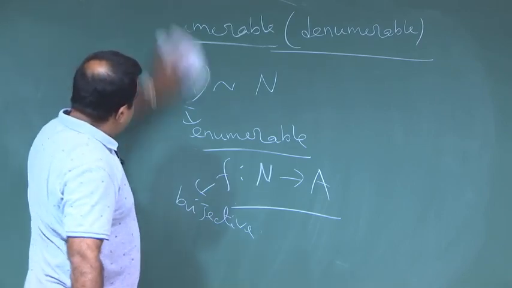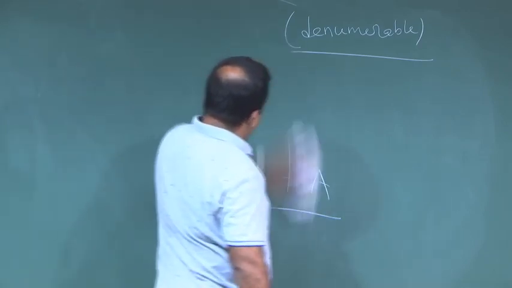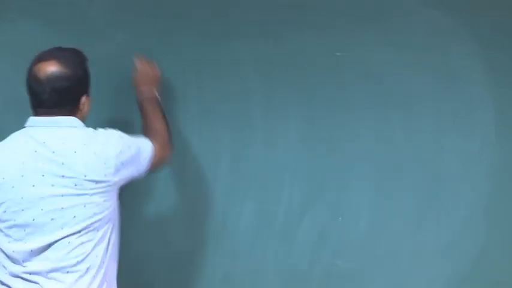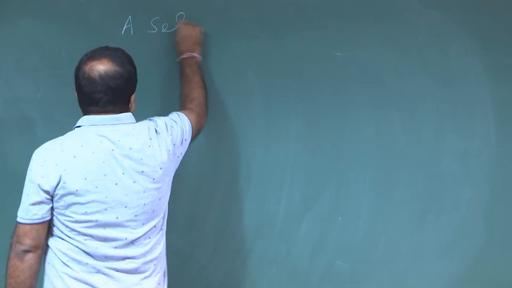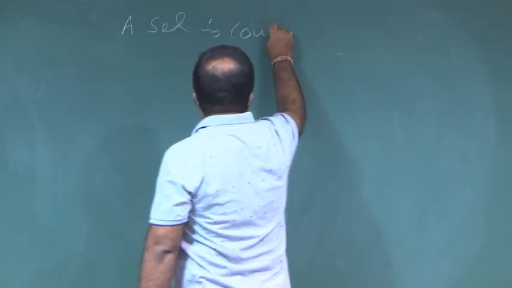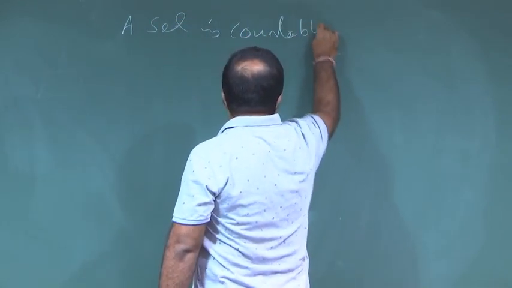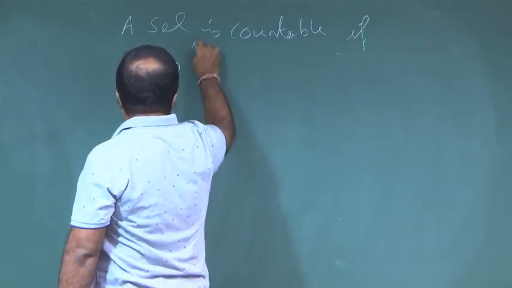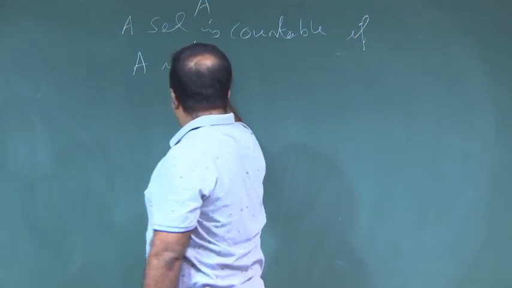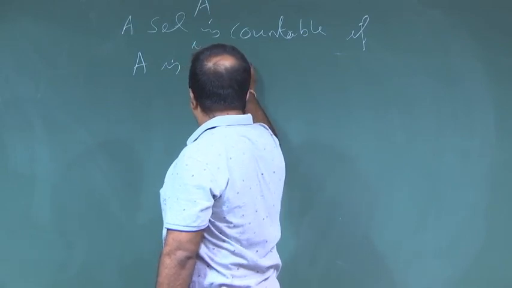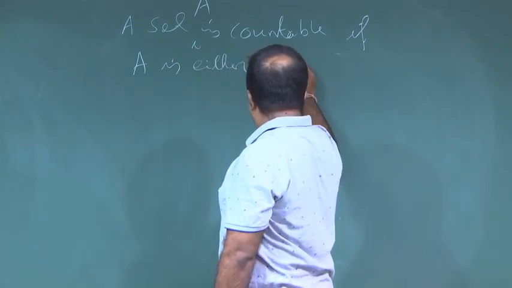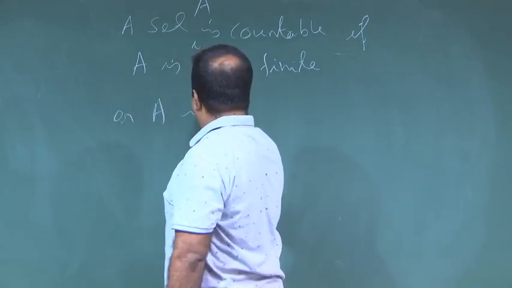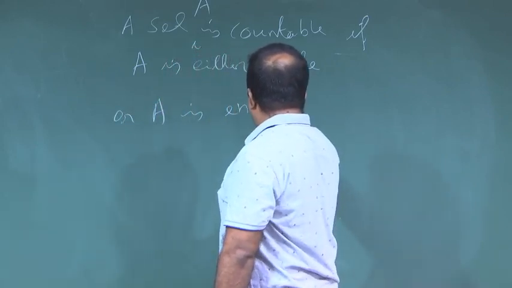Now, what do you mean by countable? A countable set means that it is either finite or it is enumerable. A set A is countable if A is either finite or A is enumerable.